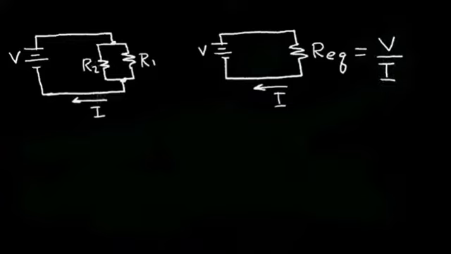The circuit at the left has a branch in the current. The current flowing from the battery is divided between R1 and R2.